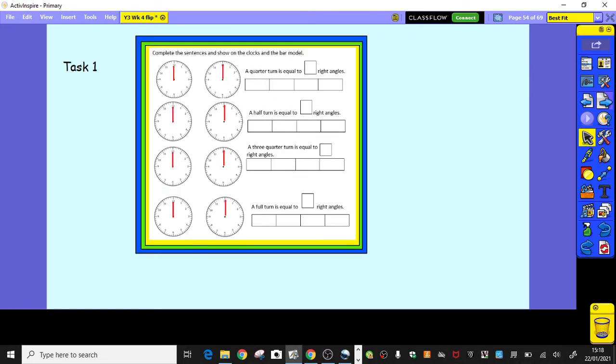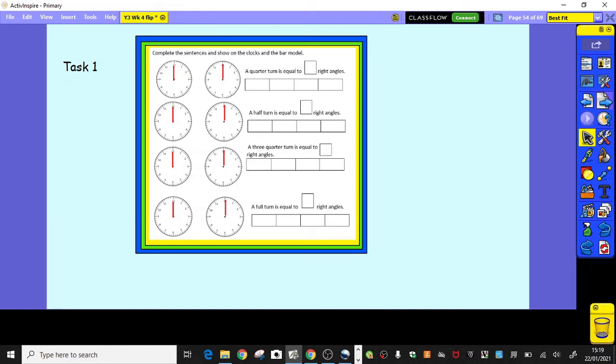So your task today, we've got 3 tasks. I'm going to explain them all first, and then you can get on with them. So task 1, you've all got the same task 1, and it says to complete the sentences and also show it on the clock. So the first one, the pointer is at 12, and it says a quarter turn is equal to how many right angles.